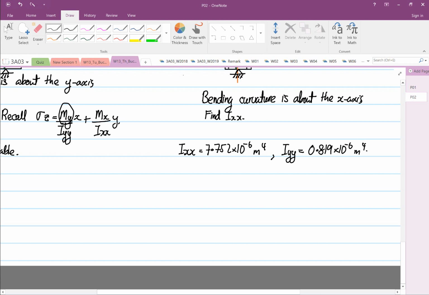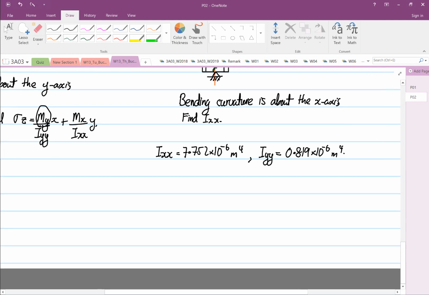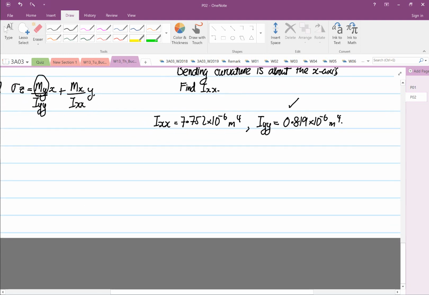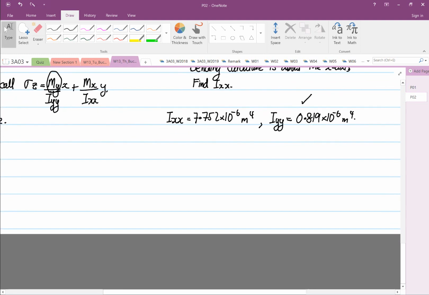Which one will buckle first is Iyy. The lower value will buckle first, because the lower value means lower resistance to bending. So we're going to select the Iyy value as the resistance to bending is lower.